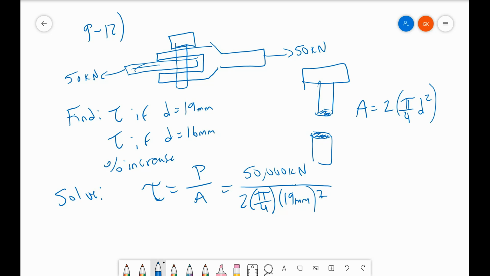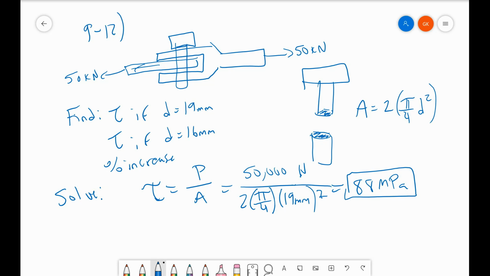There we go. Oh, and I actually wrote 50,000 kilonewtons. It's just 50,000 newtons. And this should come out to be 88 megapascals. So that's part 1 done.